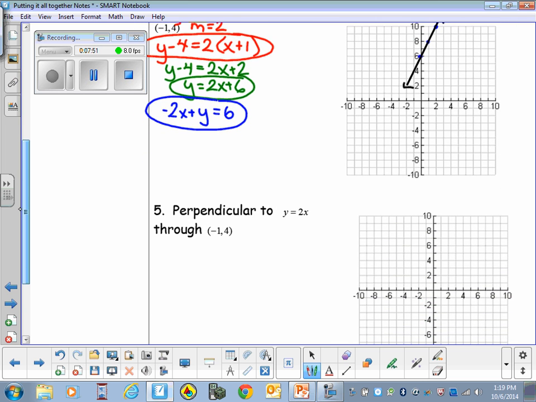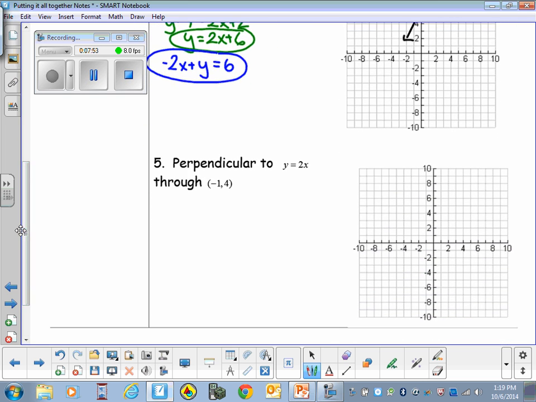Our next one asks us to do a perpendicular line, and to be perpendicular, my slope has to be the negative reciprocal. So negative, since the original slope is positive, and flip that slope over: negative 1/2. So y minus 4 equals negative 1/2 times the quantity of x plus 1. There's my point slope form. Slope-intercept form, I need to distribute the negative 1/2.